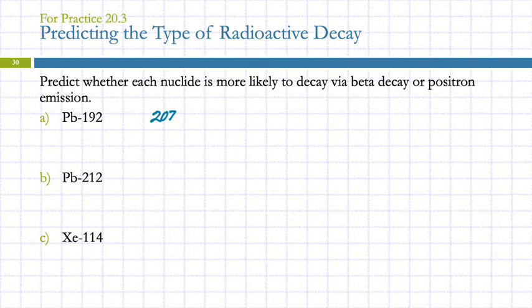Not enough. Low in neutrons. Right, so then we need to increase the number of neutrons. So how are we going to do that? Positron emission.